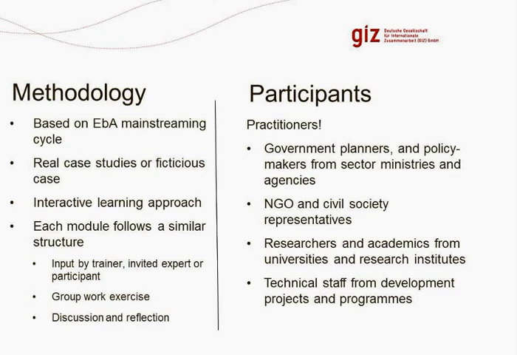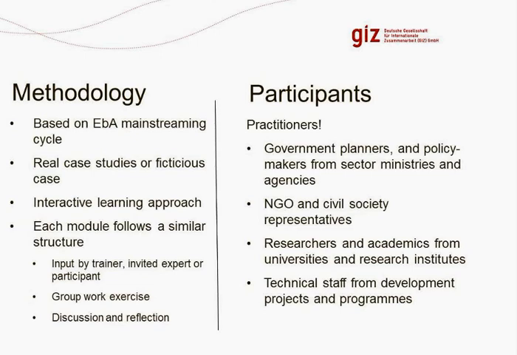On the methodology: first of all, the training is based on the EBA mainstreaming cycle, which is a systematic approach developed by GIZ. If you take the basic schedule of the training, a 2 or 3 day training course would guide you through each and every one of the mainstreaming steps.